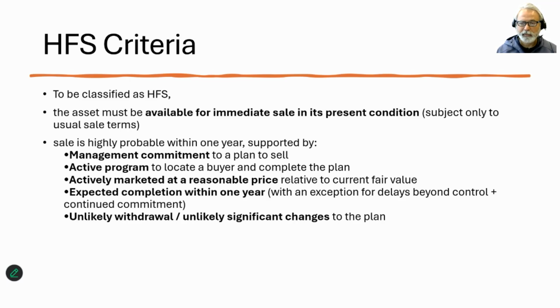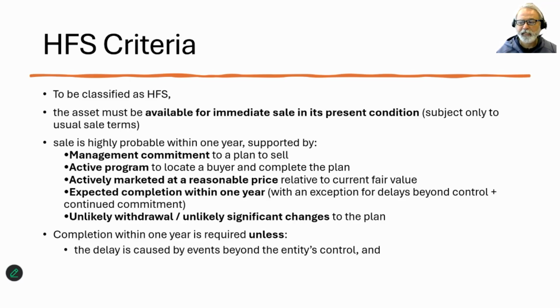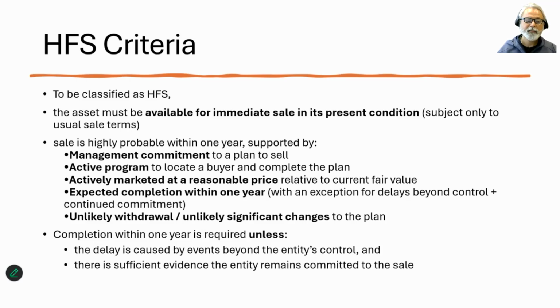So that's not likely to happen. So all of these criteria have to be met, okay, for the asset to be classified as held for sale. And it's important to keep in mind, completion must occur within a year unless the delay is caused by events that are beyond the entity's control and there is sufficient evidence that the entity remains committed to complete the sale.